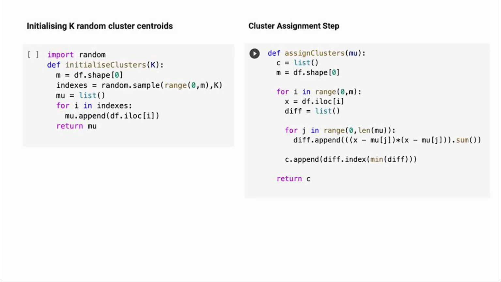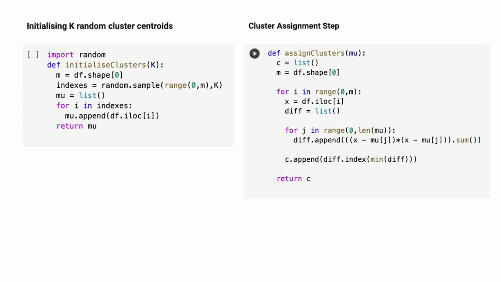What you will do is get random indexes of your own data set. You get k random instances from your training examples, k random indexes, and you access those data points, and these are your k random cluster centroids.